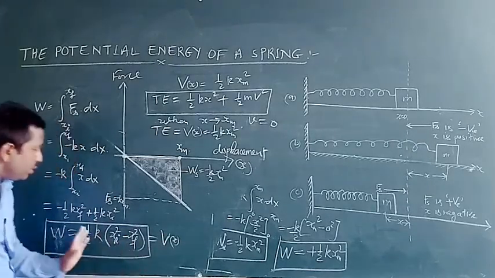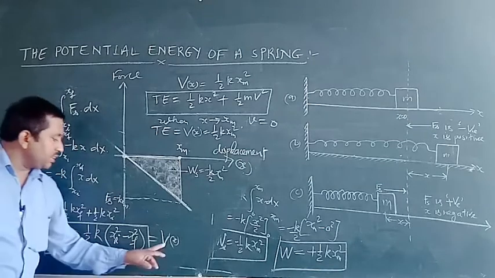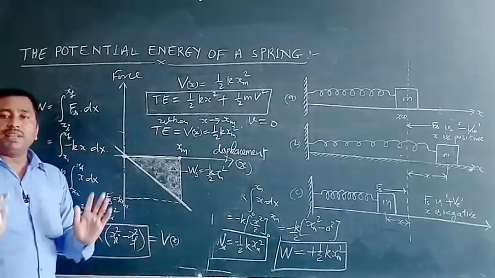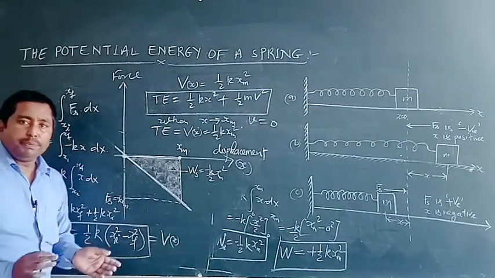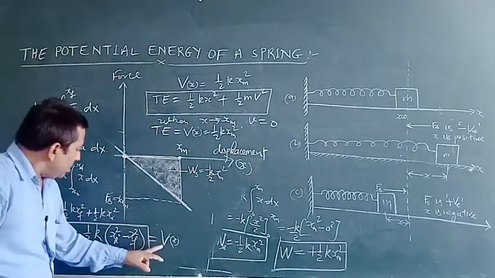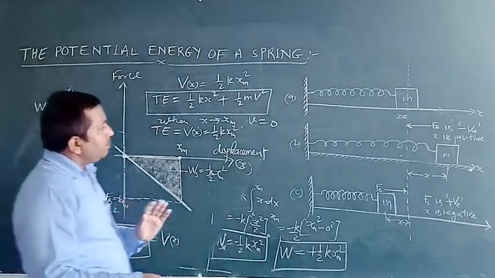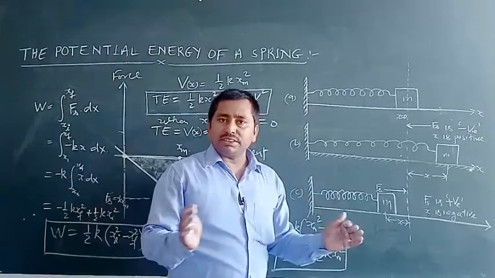From here we see that the potential energy depends only on the initial and final position of the object. It means it does not depend on the path by which the object displaces.